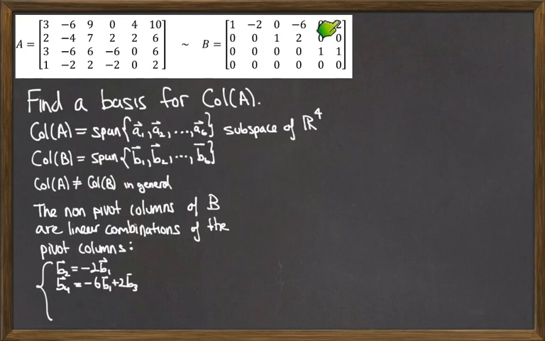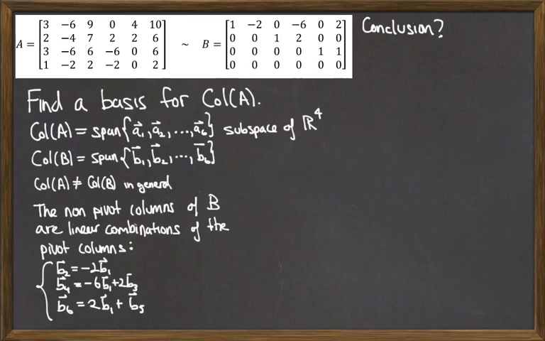Then we go to this final column here. This is a non-pivot column, and it has non-zero entries in spots where I have pivots in other columns. It's going to be twice B1. I don't need any of the third pivot, but I need one of the fifth pivot here. And so B6 is twice B1 plus 1 times B5.